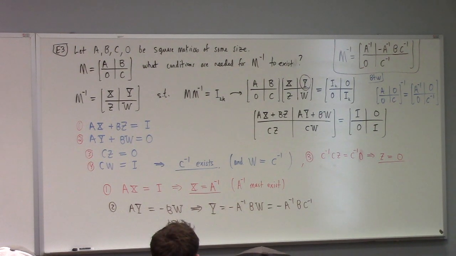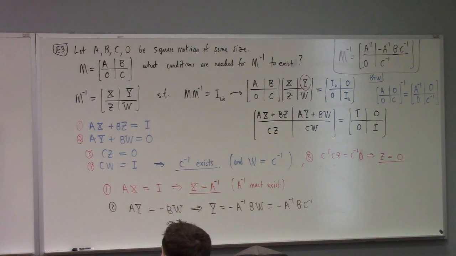And this generalizes, by the way. A block diagonal matrix is invertible if and only if all its blocks are invertible.